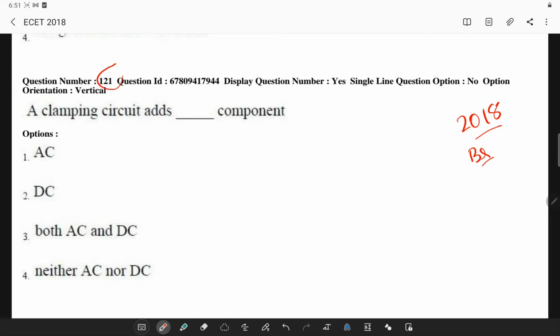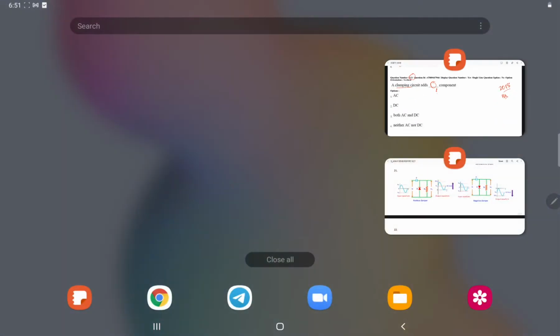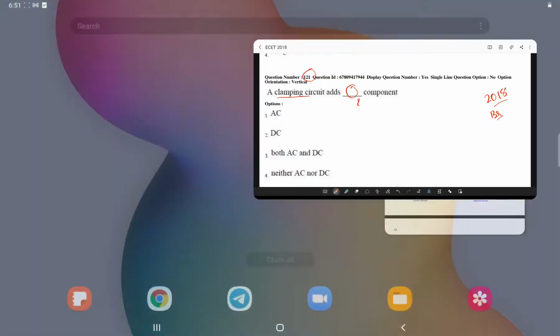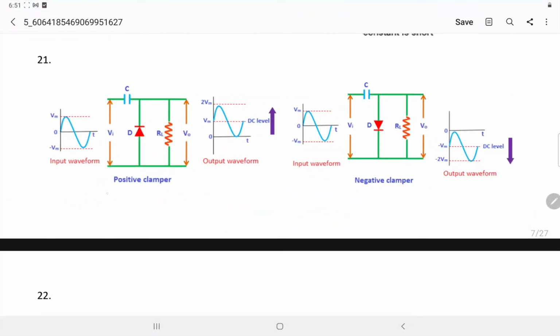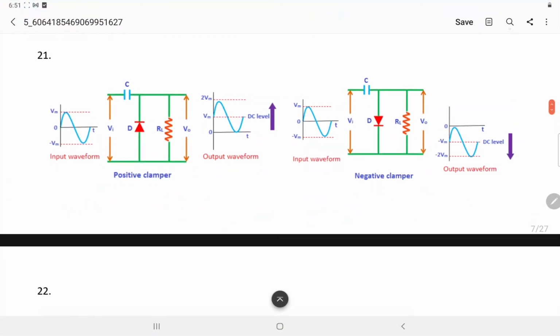So now this is question number 121. The question is, a clamping circuit adds which component to your output waveform? If you see this, this is a positive clamper and the other one is a negative clamper.